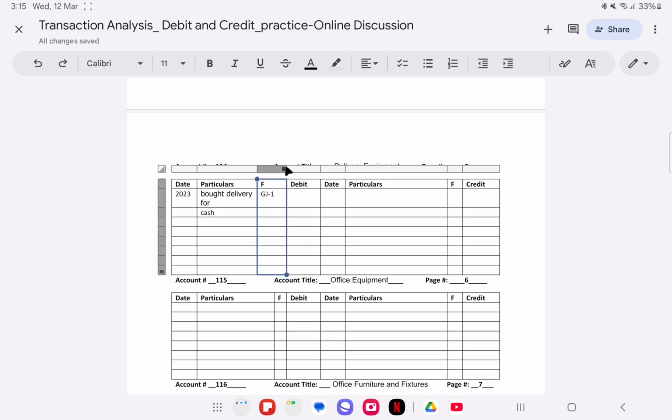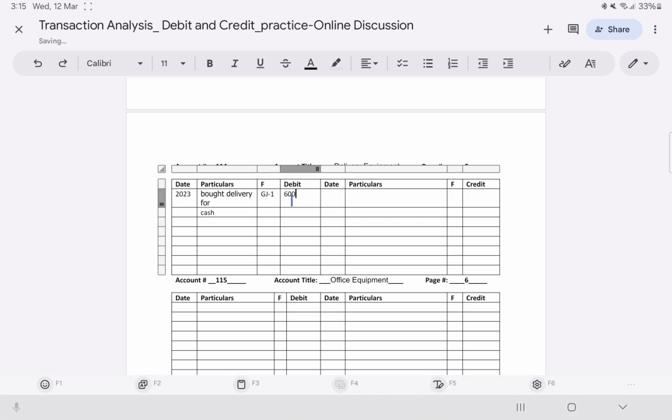Okay, JG1. Then debit 600,000, and do not put a comma, because in your general ledger book there is no comma or period; all you have to do is fill in only the box provided in the general ledger. So only in the debit.